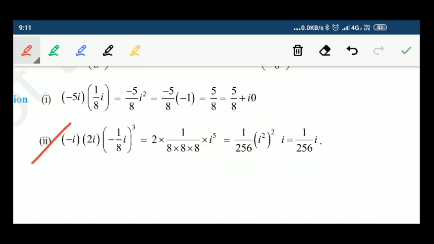Now in the same way you can solve its second part. The second part, what they have given: minus iota into 2 iota minus 1 upon 8 iota whole cube.